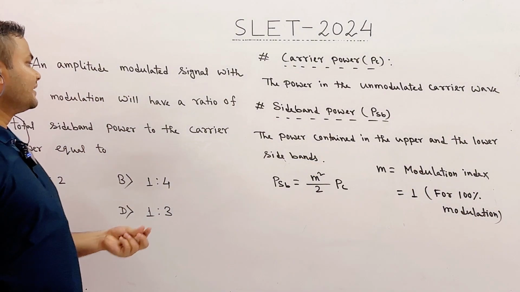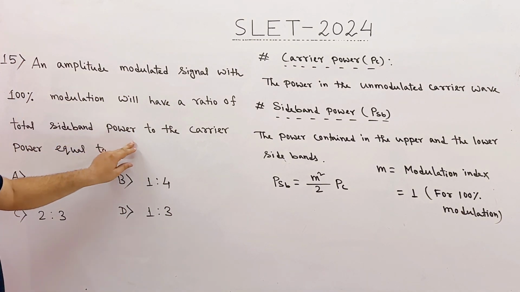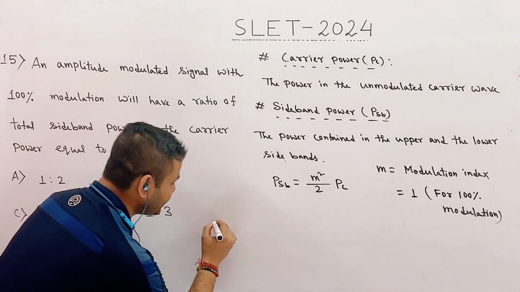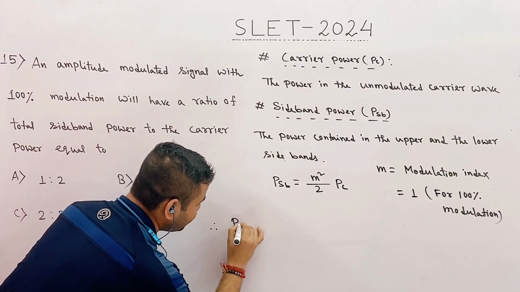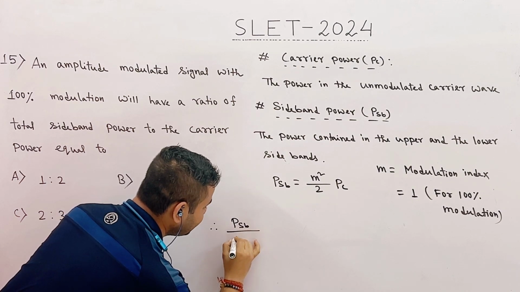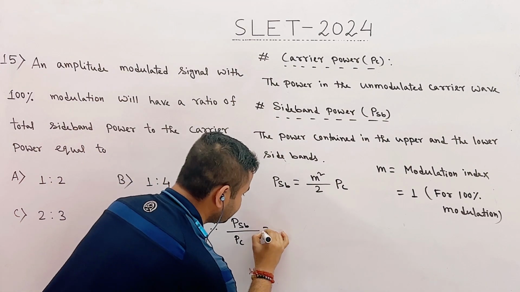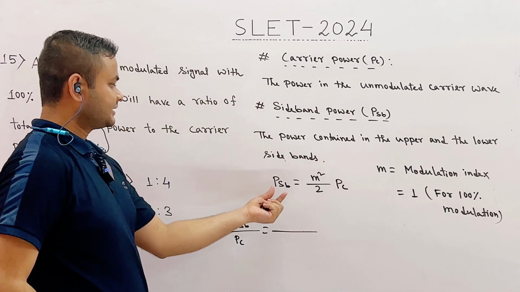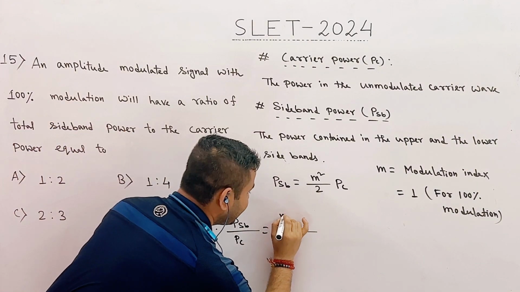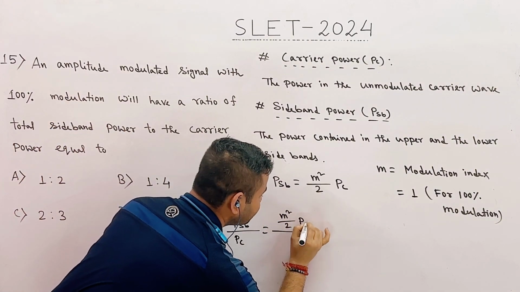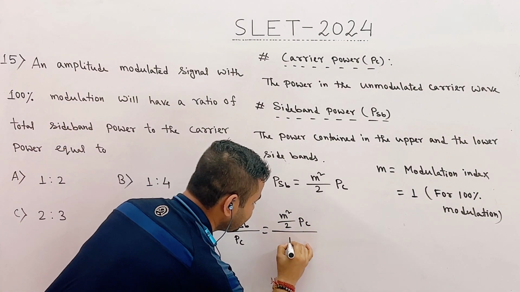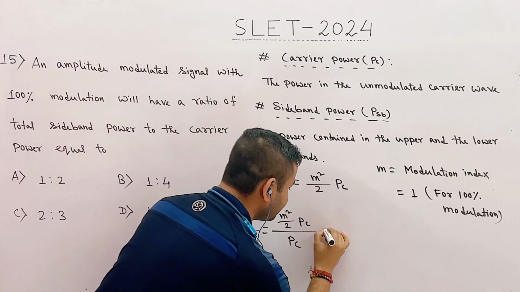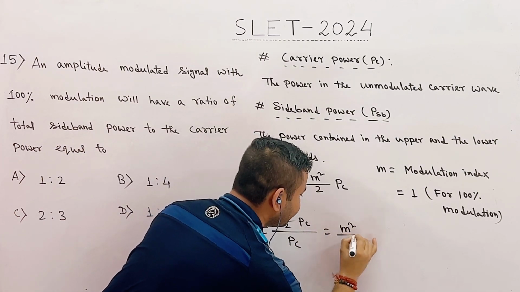Next, let us find out the ratio of sideband power to the carrier power. So therefore, Psb divided by Pc is equal to sideband power, m square by 2 into carrier power, divided by carrier power, which is equal to m square divided by 2.